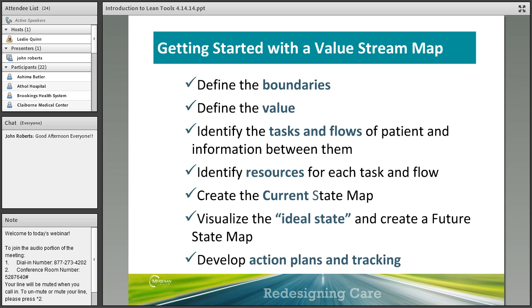To get started with the value stream mapping process, we want to clearly define what the boundaries are. We want to make sure we're not taking on something that can't be completed. So we may sometimes break up lengthy processes into smaller, what we call loops, so that we can take those in bite-sized pieces that we can actually work with.